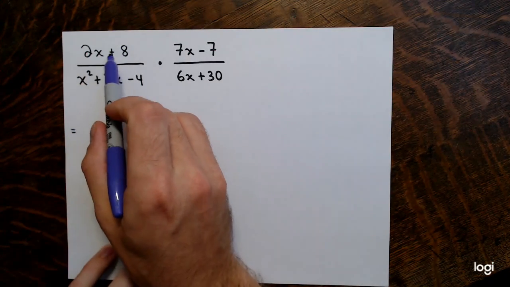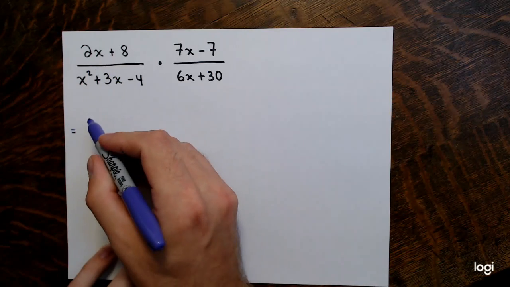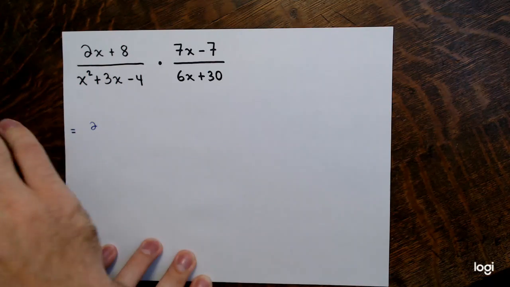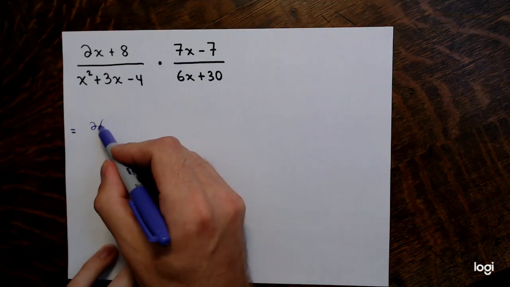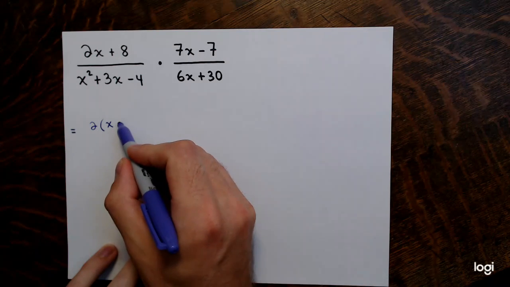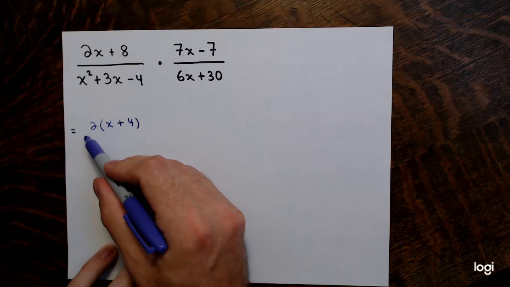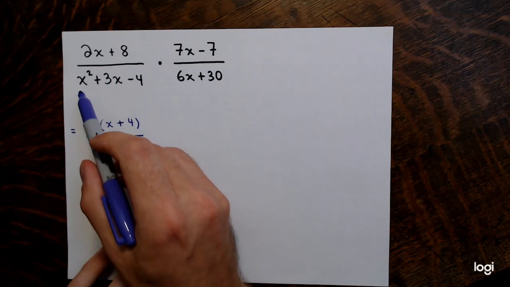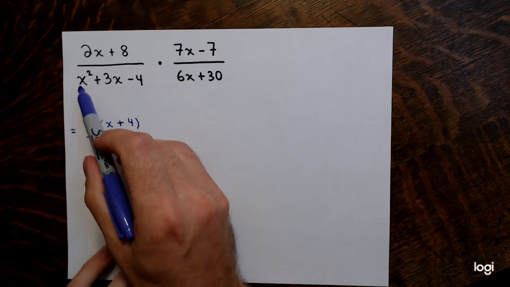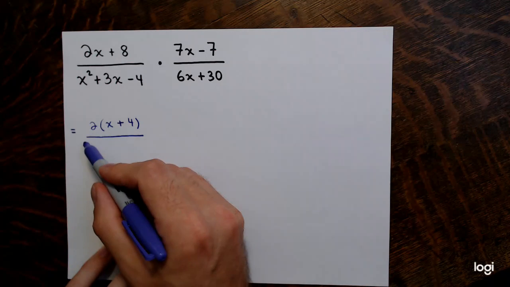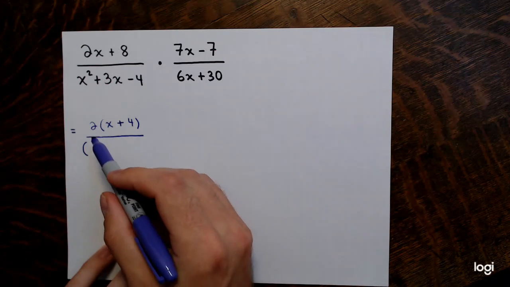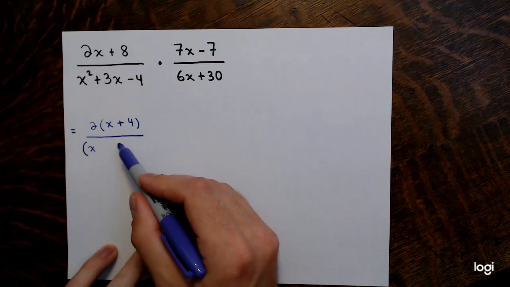Alright, so 2x plus 8 has a greatest common factor of 2. Right, so that comes out. And when I remove that, there's x plus 4 left over, divided by. Then this is a quadratic trinomial here, x squared plus 3x minus 4. You can look up other videos on how to factor these, but I'm just going to do it pretty quickly here.